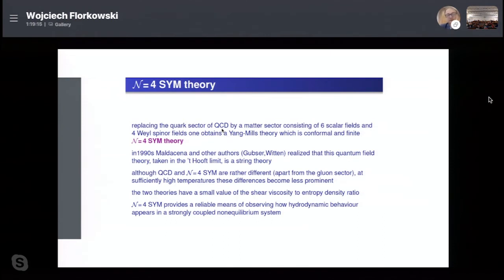It is a conformal theory, and we know that QCD breaks conformal symmetry. There are no quarks; the quarks are replaced by scalar fields and Weyl spinors. So this is not exactly QCD, but this correspondence allowed physicists to determine the viscosity to entropy ratio, which is 1/4π.